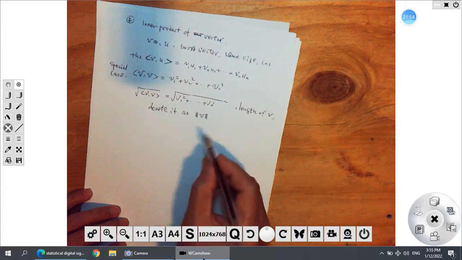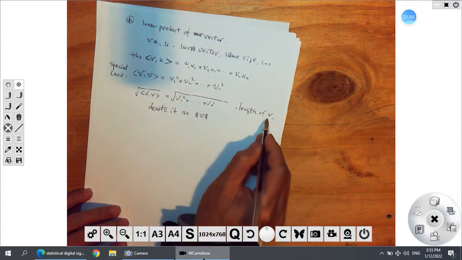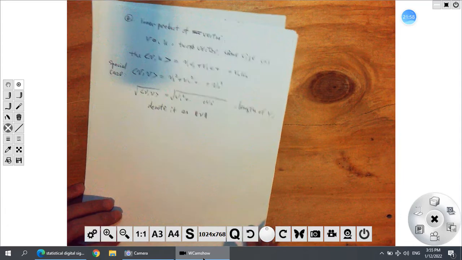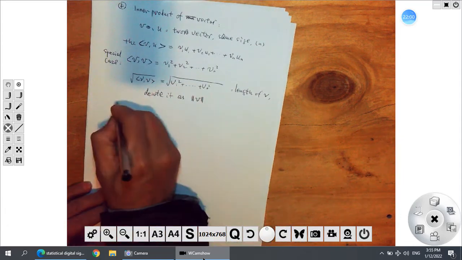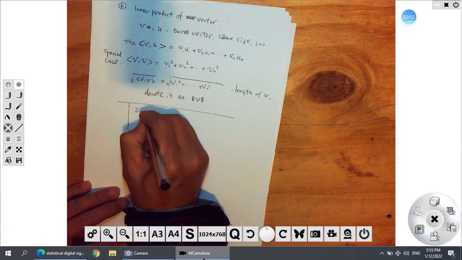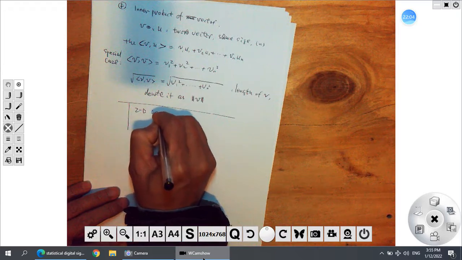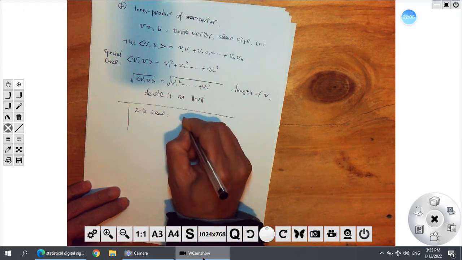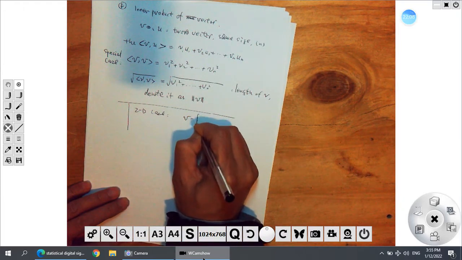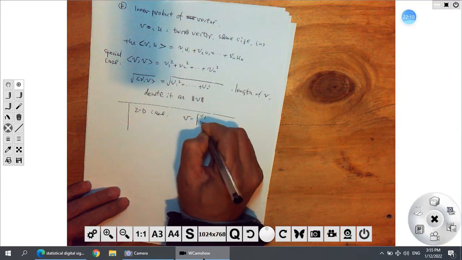In high dimension, this will be the length of V. Make sense? We can try the two-dimensional case. V equal to V1, V2.